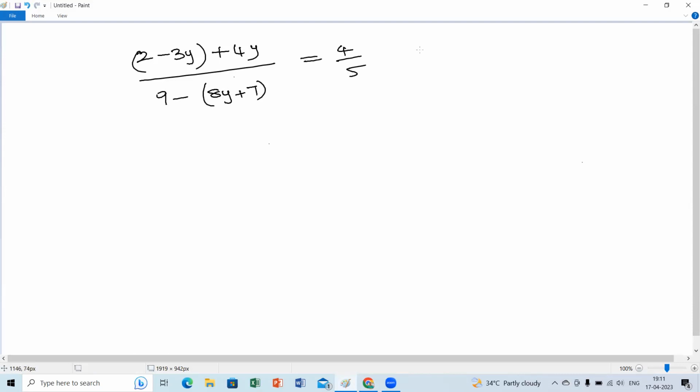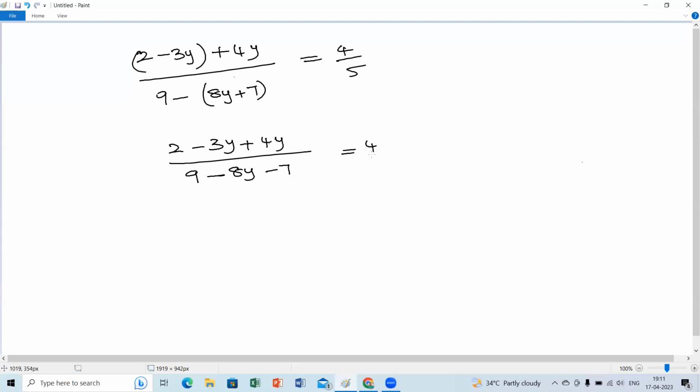First you have to make a little simplification, then you can do cross multiplication, children. So 2 minus 3y, just remove the brackets and make like fractions together, plus 4y. Denominator negative sign, please send inside, so it is 9 minus 8y minus 7.